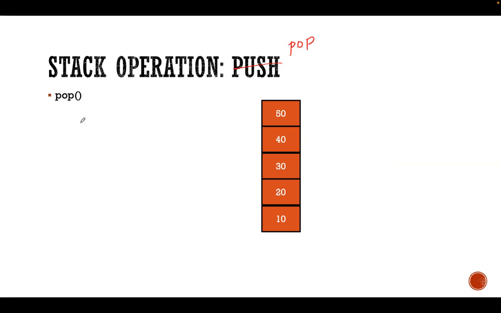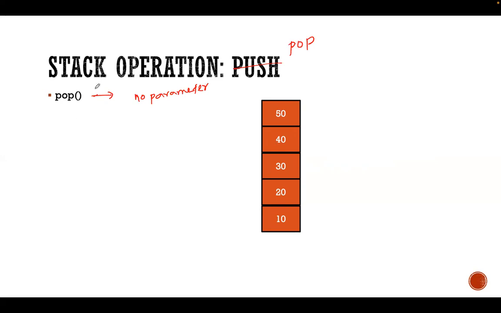Pop means I want to remove the item that is at the top of the stack. Look at this function. Pop doesn't need any parameter, because when I'm trying to delete something from the stack, always remember the only item I can delete from the stack is the one at the top of the stack.